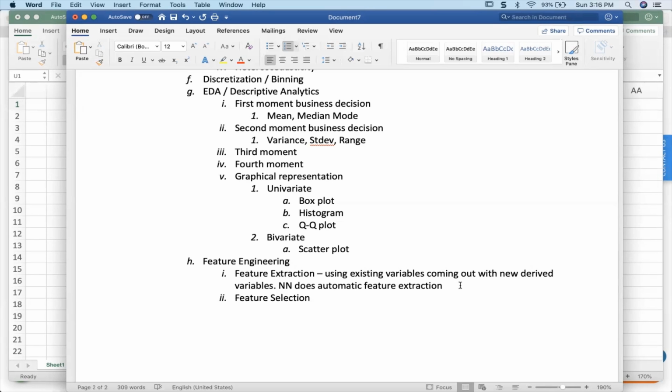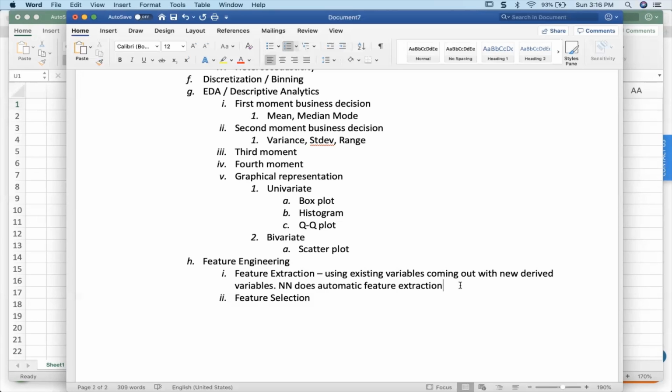How many loans did you approve? 800. How many did you decline? 200. Why did you reject those 200 loans? Do you know what? I supplied my data to a neural network, and it did some feature engineering, and then I got the output that the person will default. No, that's not acceptable. They'll give you a non-conformance.